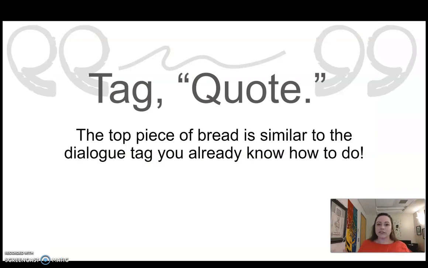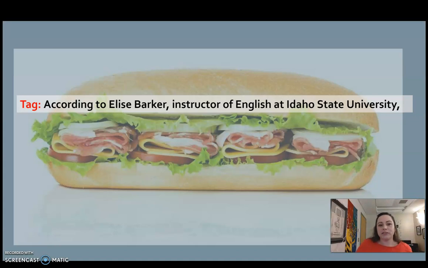So what these look like is really similar to something you already know, which is the tag that goes along with dialogue. The top piece of bread, it's just like what we've already been doing all along when we do dialogue. So an example, here's a tag when we're introducing a quote.